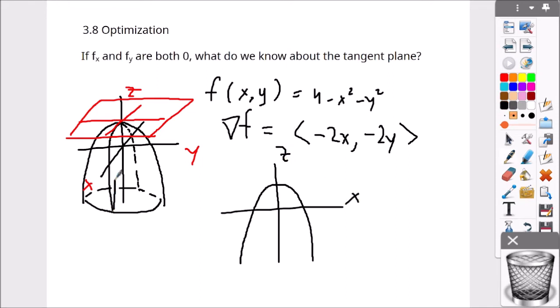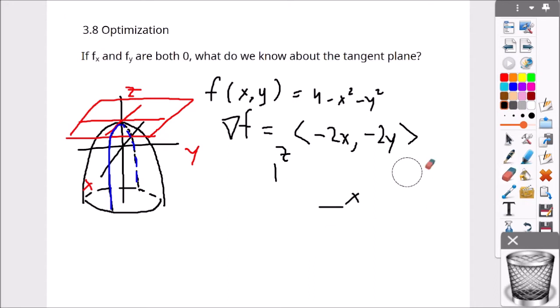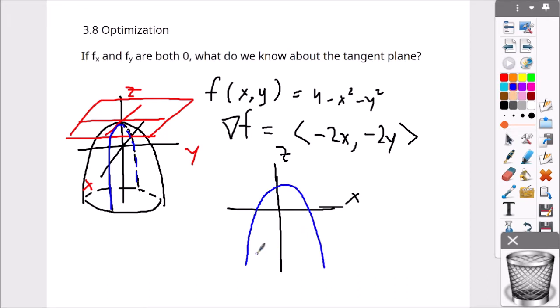You can see this slice right here, and this slice right here. I'm going to make this blue. In this case, the slices are downward facing parabolas, and going left to right, the slope is changing from positive to negative.